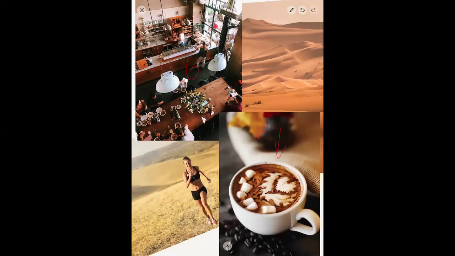This is a cup of hot chocolate with some marshmallows. And now I'm going to explain the idea of correlation by looking at this image. She's out running, and you can see that it's pretty warm because she's wearing just a jogging outfit. So this is a hot day, and this is the desert, which is also pretty hot.